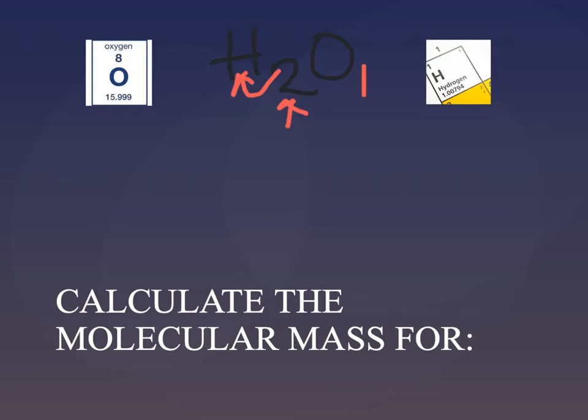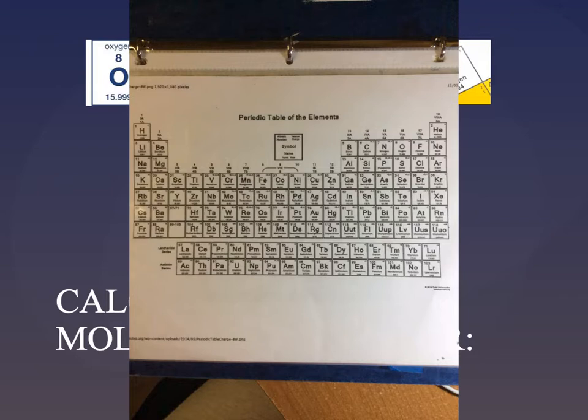Now, we need the atomic weight for each of these elements. You have in your hand a periodic table, or you need a periodic table. You have it here. So if we are calculating this molecular weight for water, we need to find hydrogen, which is in here, and we need to find oxygen, which is in here.